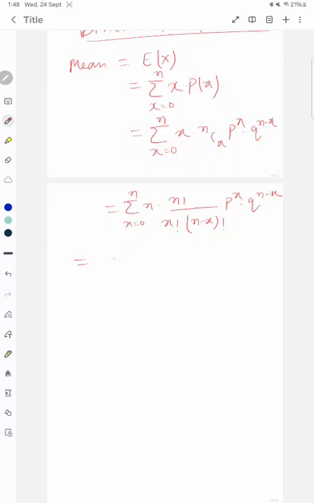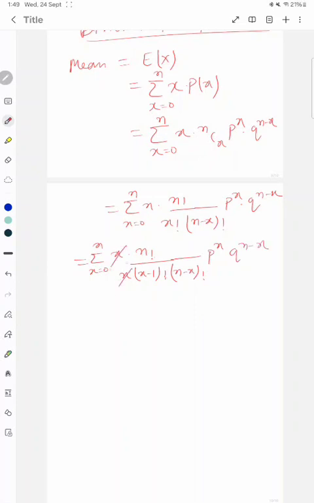I further expand this: summation x from 0 to n x factorial n by x into x minus 1 factorial into n minus x factorial p^x q^(n minus x).